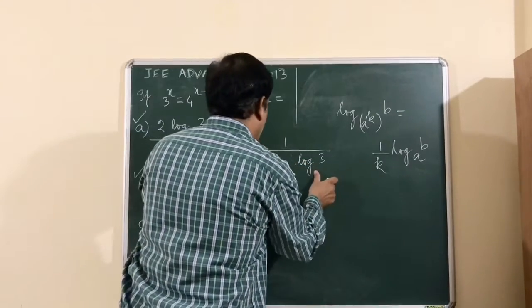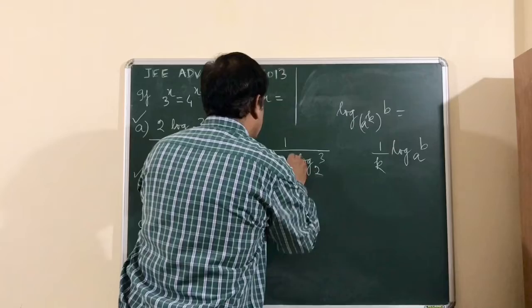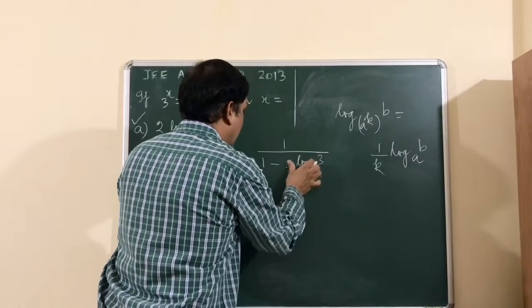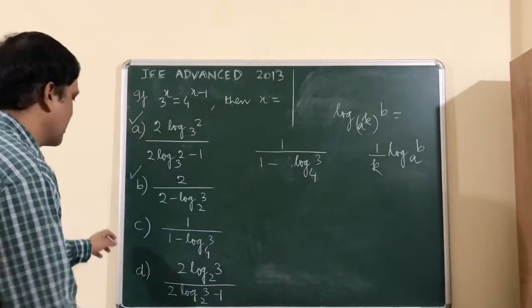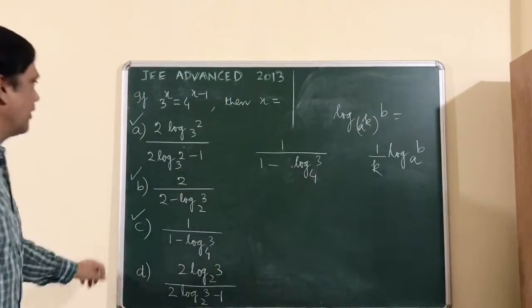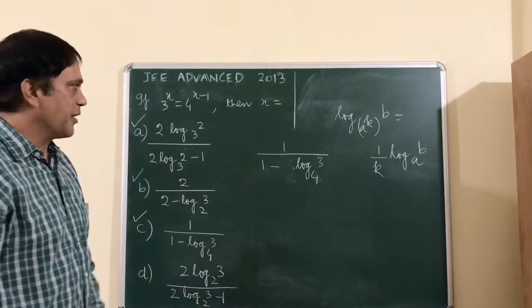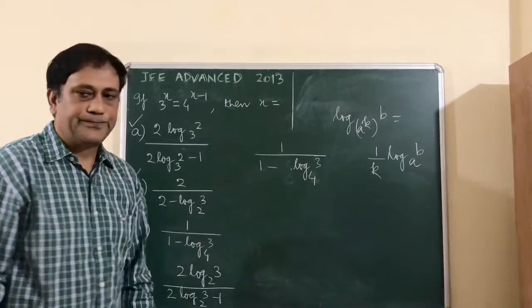Sorry, it was actually 2. So that half, if I bring it there, it will become 4. So that's why option C is also correct. So A, B, C, the other 3 options, are correct for this particular question.